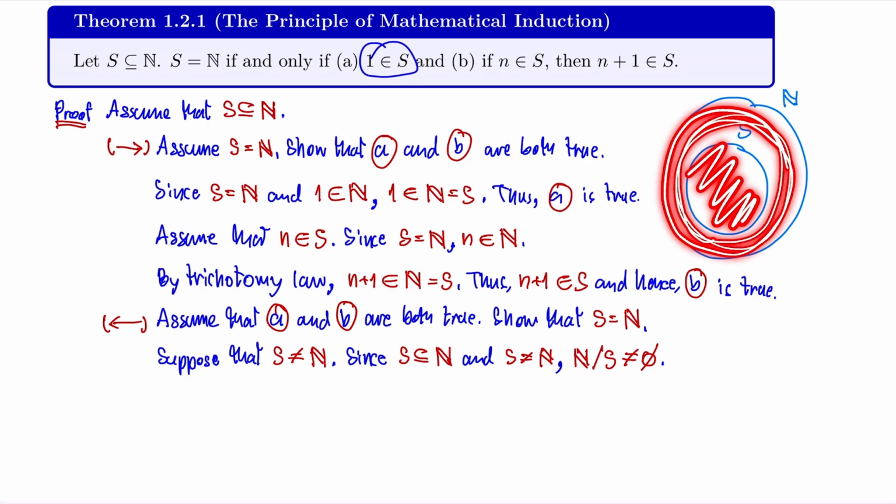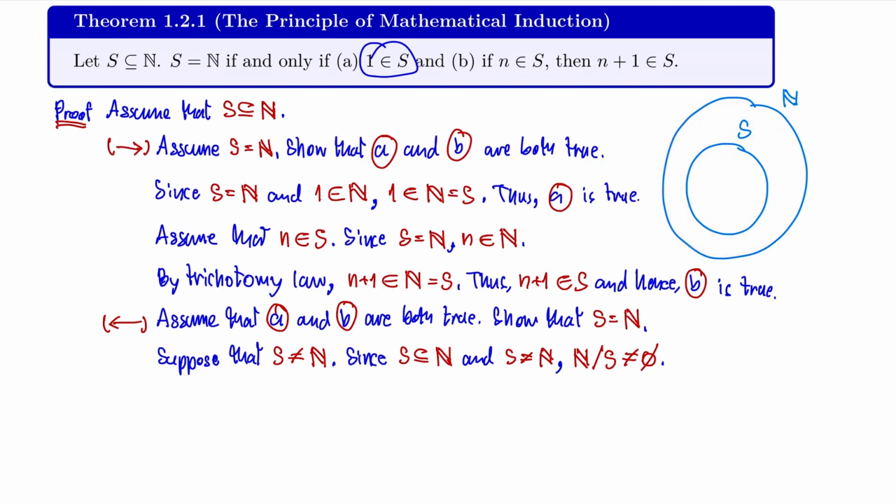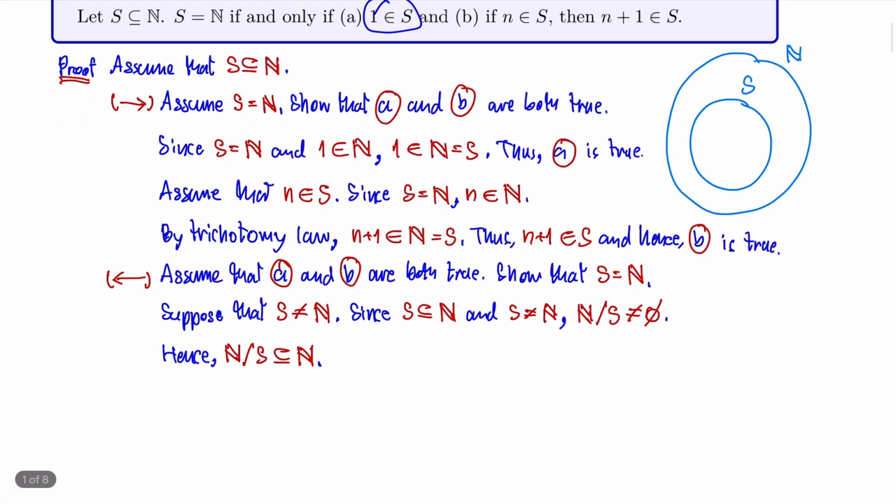This means that the set of natural numbers minus set S is a subset of the set of natural numbers. Okay, good. Now what can we do? What can we do?